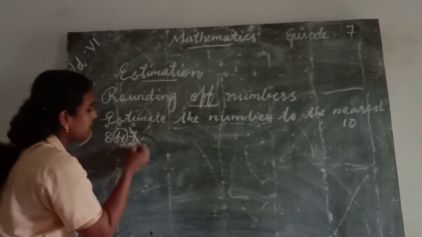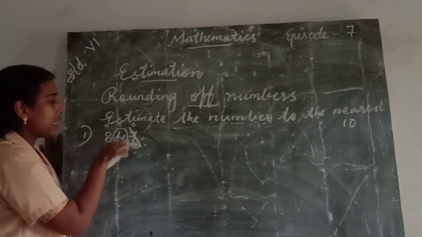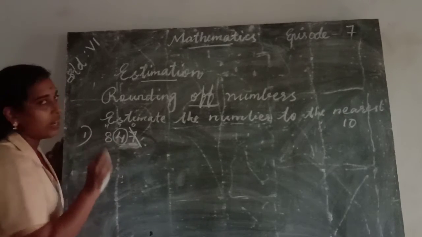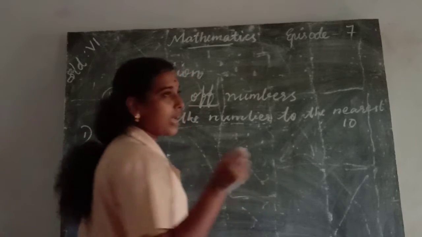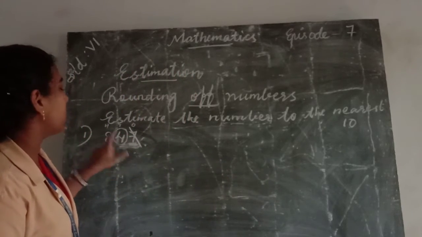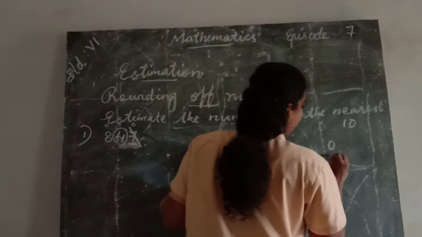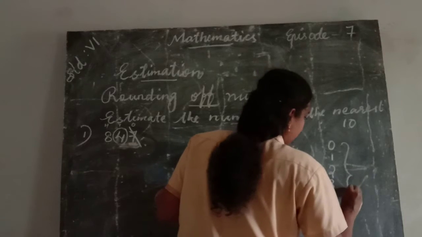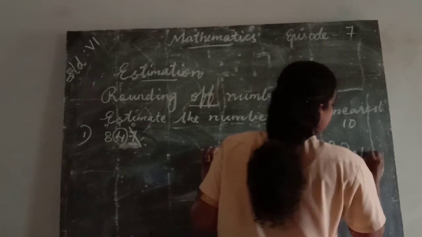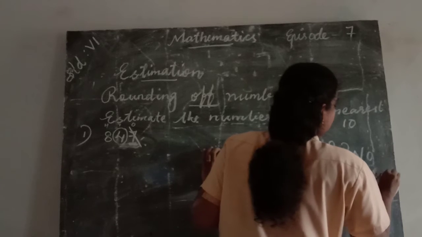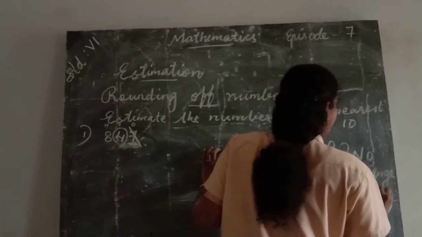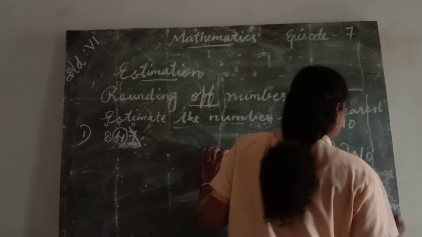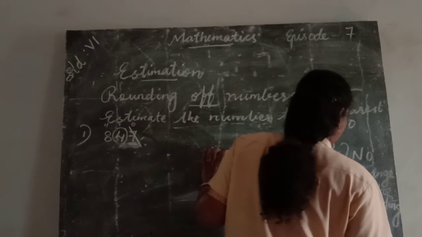If the digit that comes just before the rounding digit is 0, 1, 2, 3 or 4, then there is no change in the rounding figure.